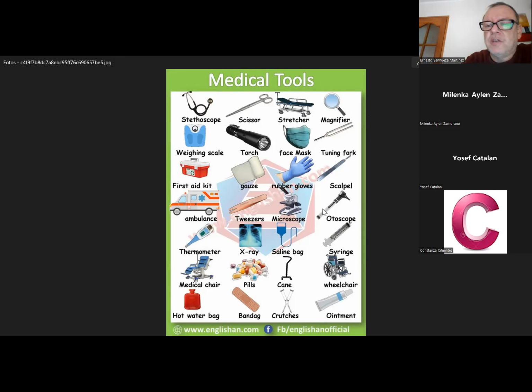Joseph, can you say this? Otoscope. Otoscope. What is the use of the otoscope? ¿Cómo diría canal auditivo? Okay. ¿Lo ven? El otoscopio sirve para mostrarlo visualmente. Perdón, más bien en inglés, para iluminarlo.